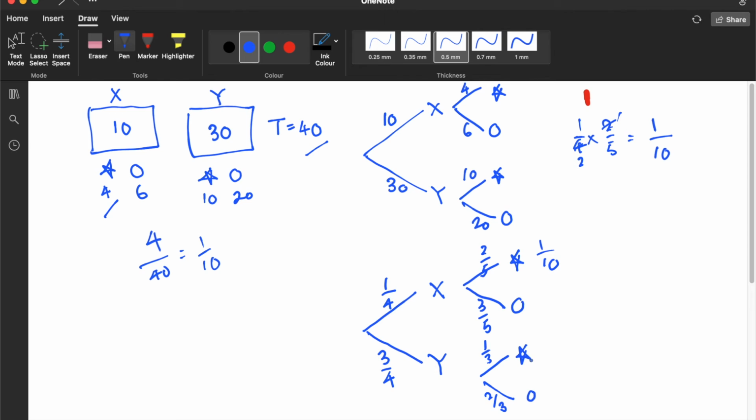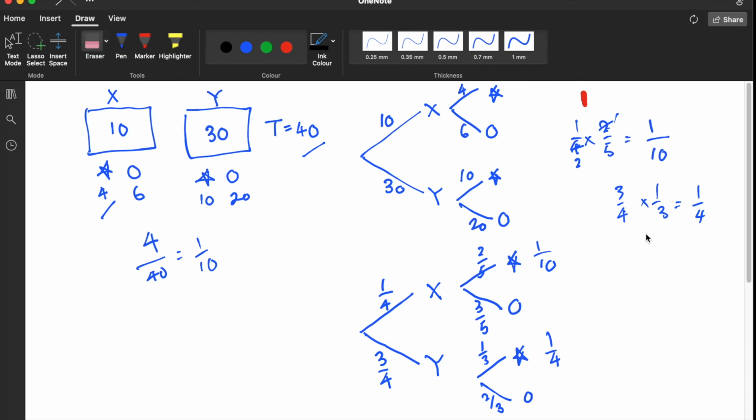So I can do the same for this branch for box Y and the star. So I get 3 over 4 multiplied by 1 over 3. That simplifies to 1 over 4. Right. So how do we get 1 over 4 from these numbers? If we look at box Y, there are actually 10 stars.